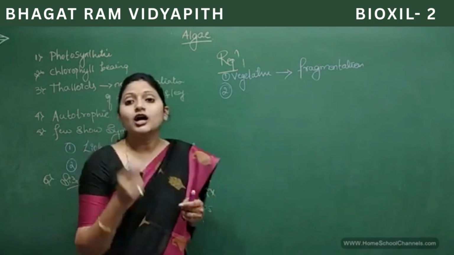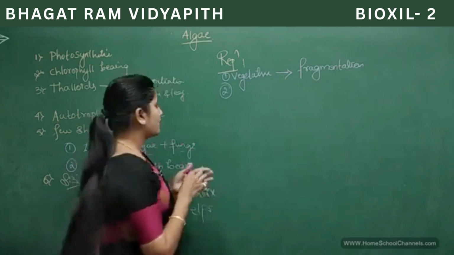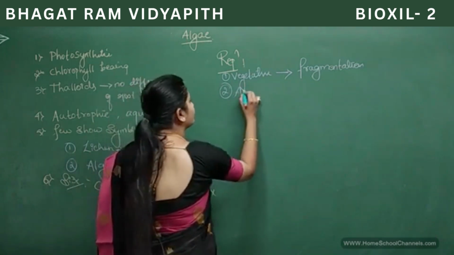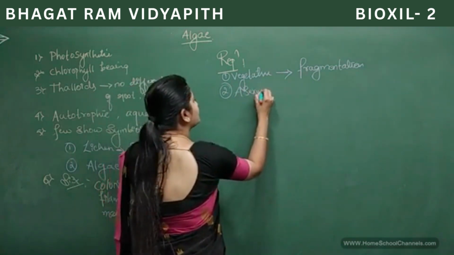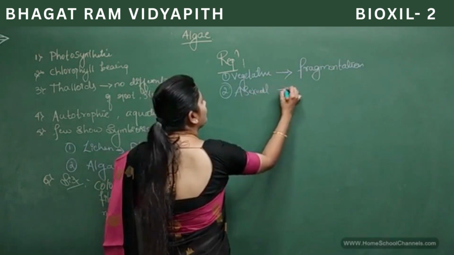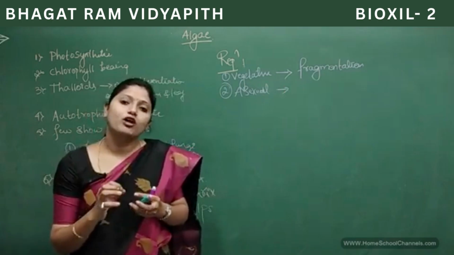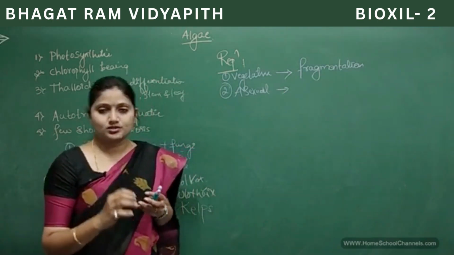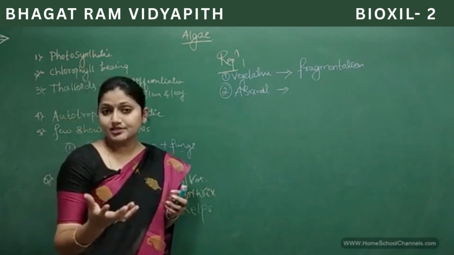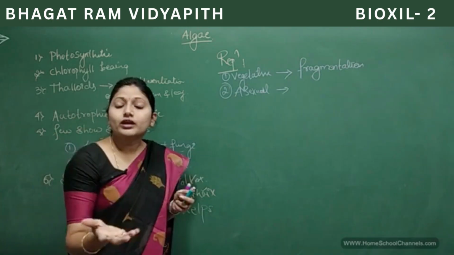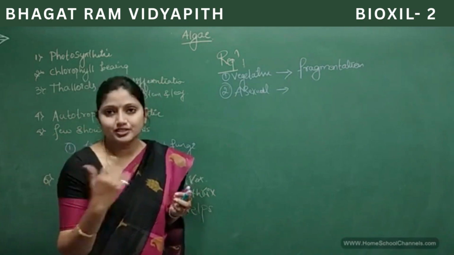Then moving on to the asexual mode of reproduction. This is mainly by the formation of zoospores. We have already seen that zoospores are motile spores which have flagella on them.